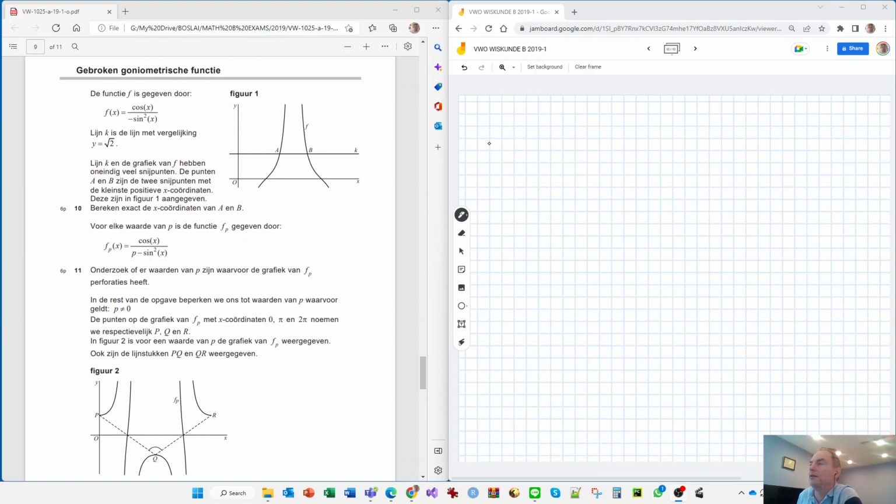Question 11. We have a function f_p given, meaning an infinite set of functions for every value of p. And this asks to investigate the values for p for which this graph has perforations, which are discontinuities.